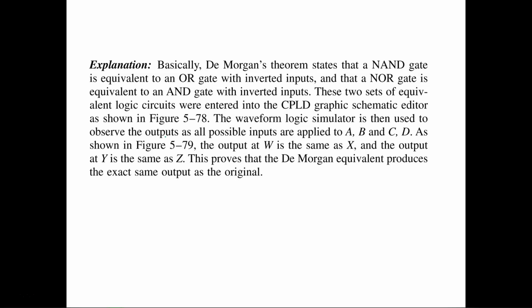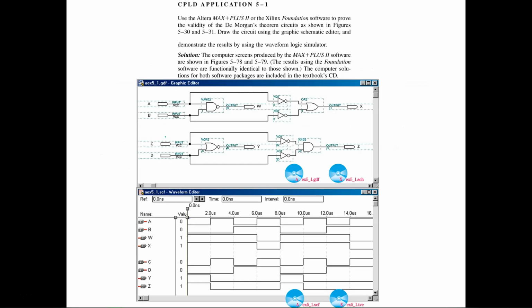So a NAND gate is equivalent to an OR gate with inverted inputs, and a NOR gate is equivalent to an AND gate with inverted inputs. What they're trying to show you here is that an AND gate and an OR gate just about function the same way.